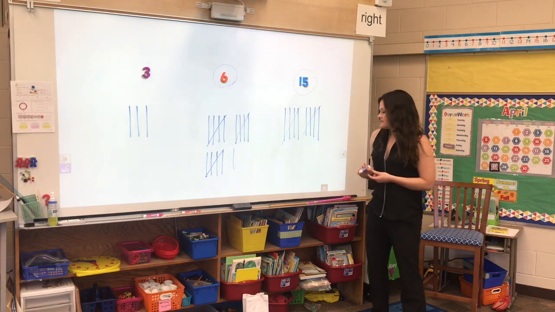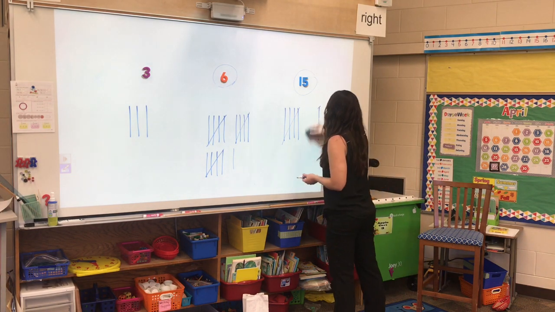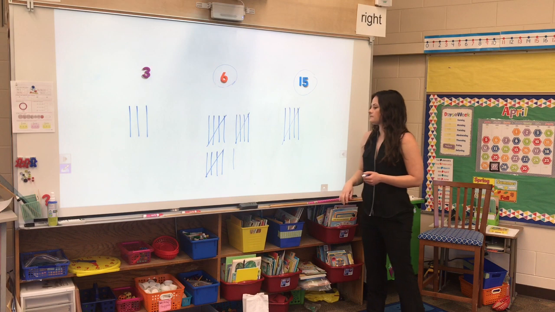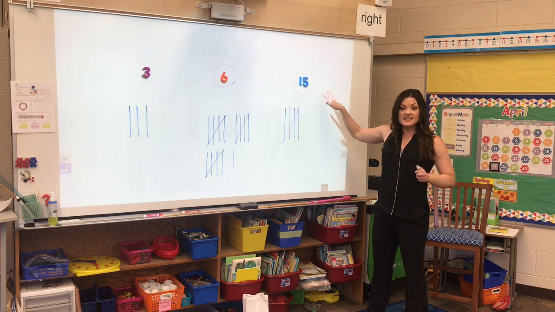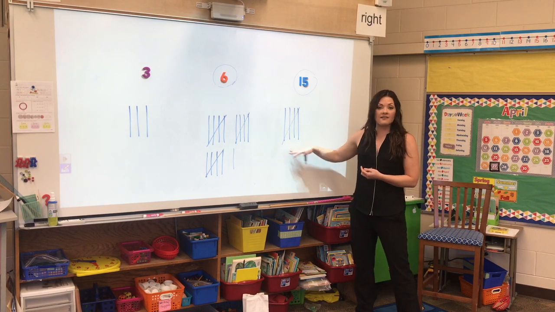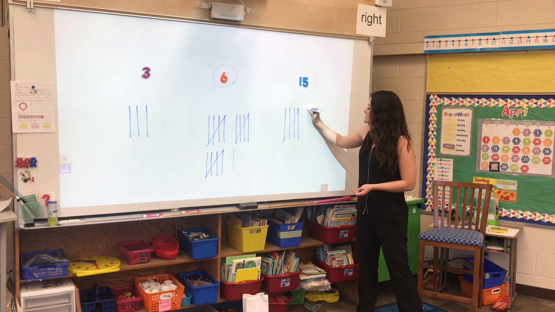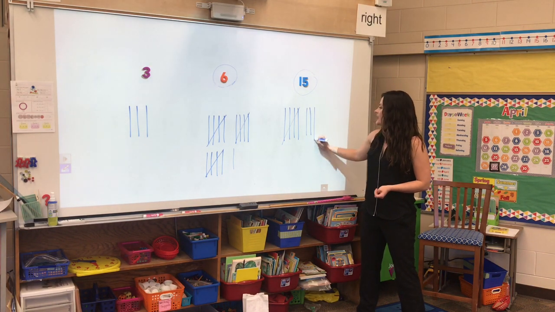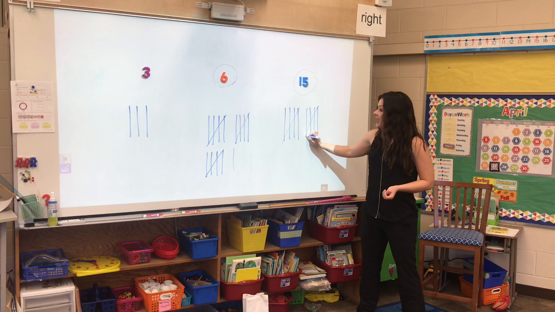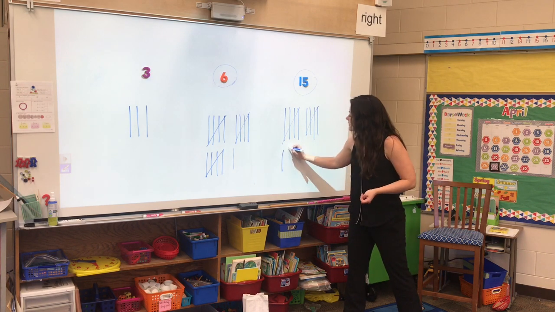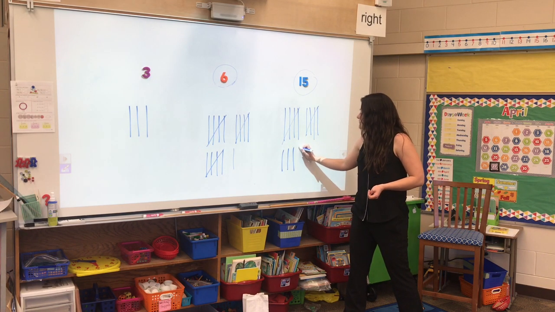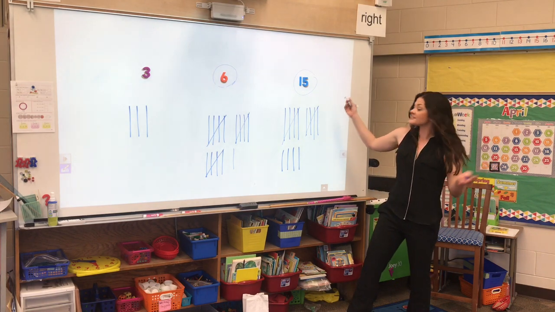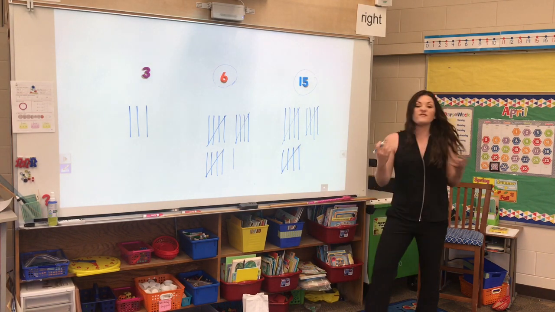Let's make 15 tally marks. I started at 5, now we're going to keep counting. 6, 7, 8, 9, 10, 11, 12, 13, 14, and our last one is going to cross for 15.